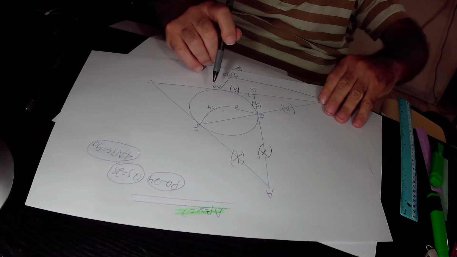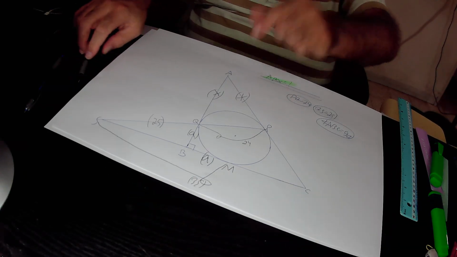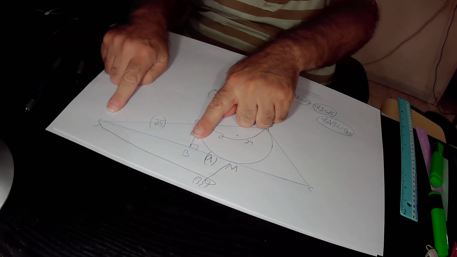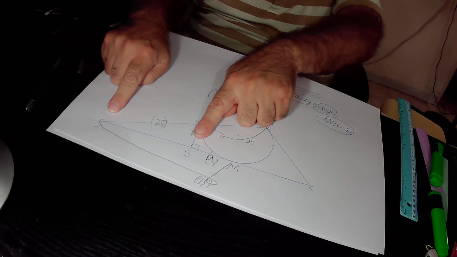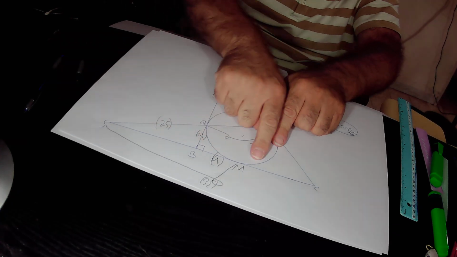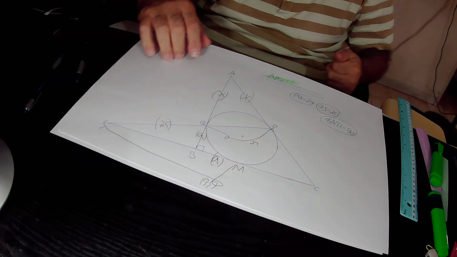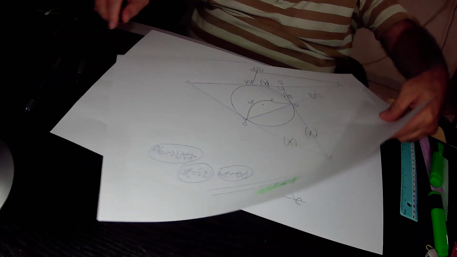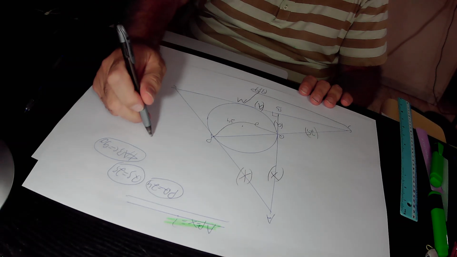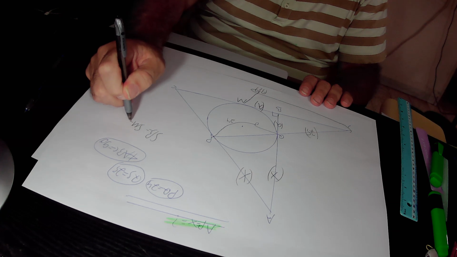What is the length of the missing line segment, line segment SB? From the drawing, it is very easy to see that SB in total equals SM minus BM. Again, SM minus BM equals SB.